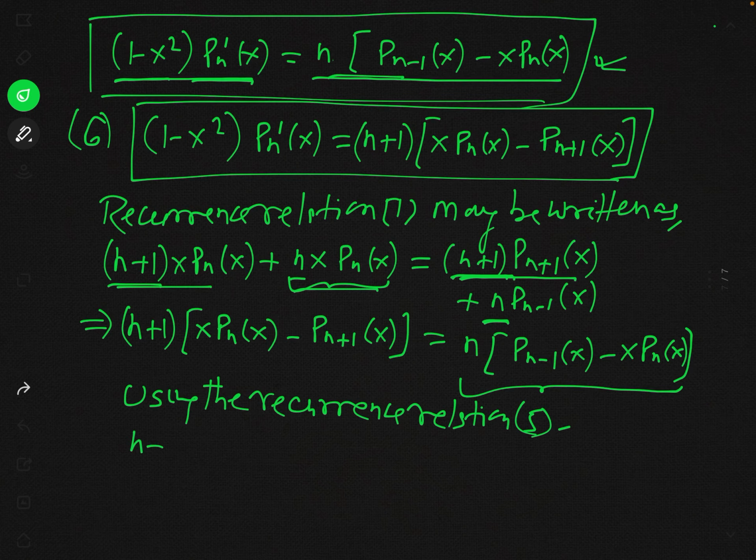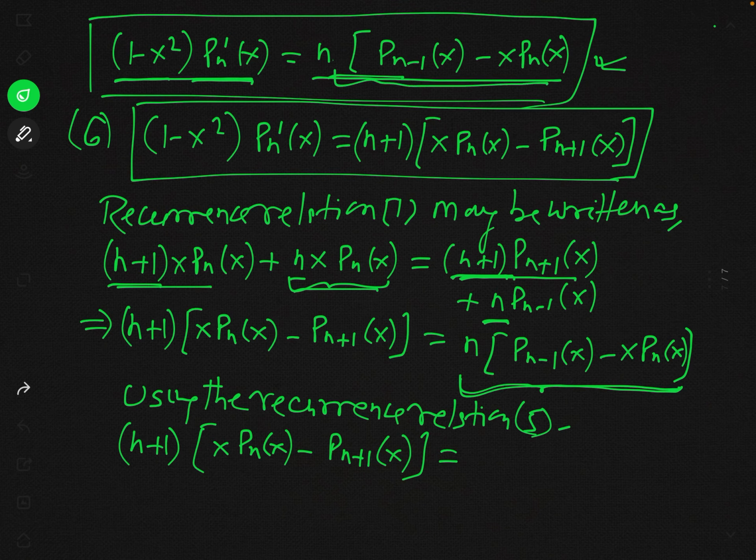You can see this will be (n+1) times x times Pn(x) minus Pn+1(x), and this, as I have told you, the RHS will be replaced by the result defined in this fifth recurrence formula.